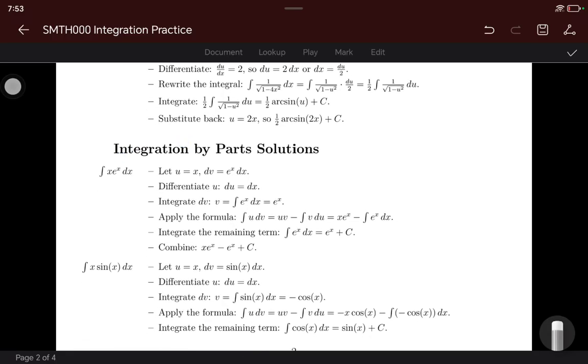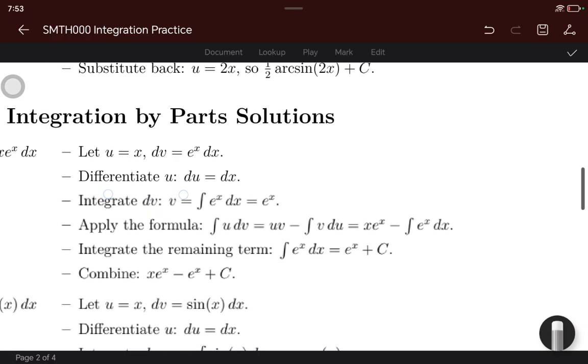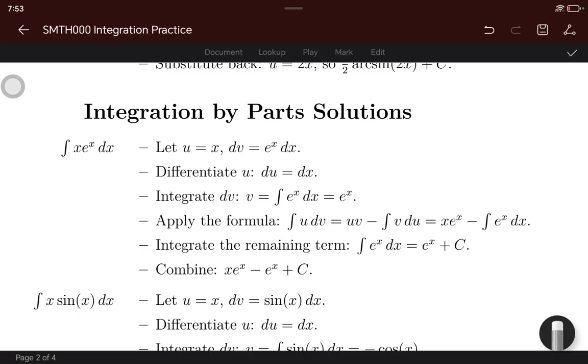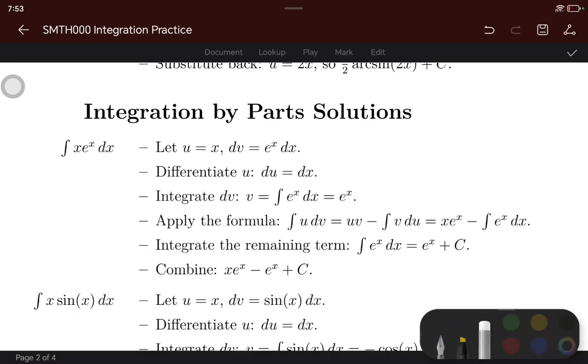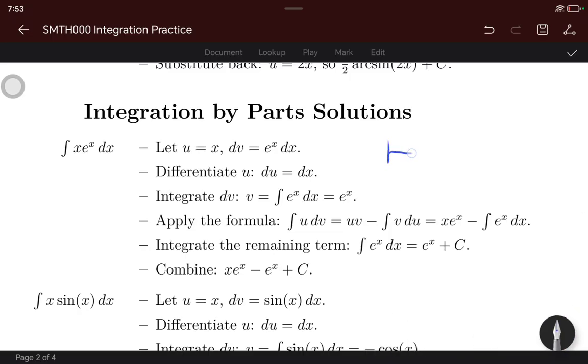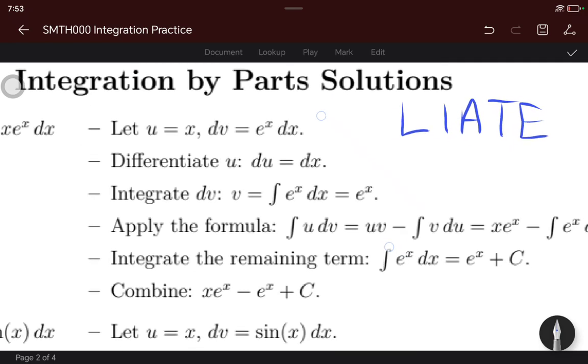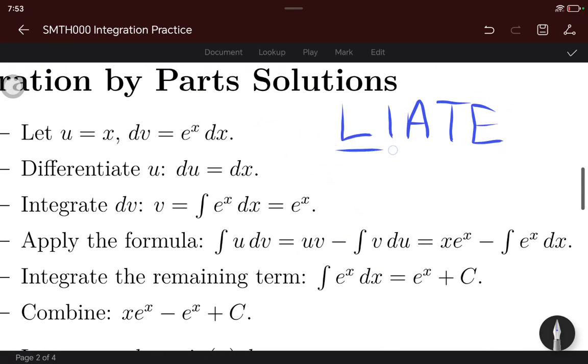So now when we come to by parts, with by parts we're going to be using LIATE. We have to use LIATE. With LIATE, this one says that anything that comes first here, we should let it be u. This one is the log, the inverse.